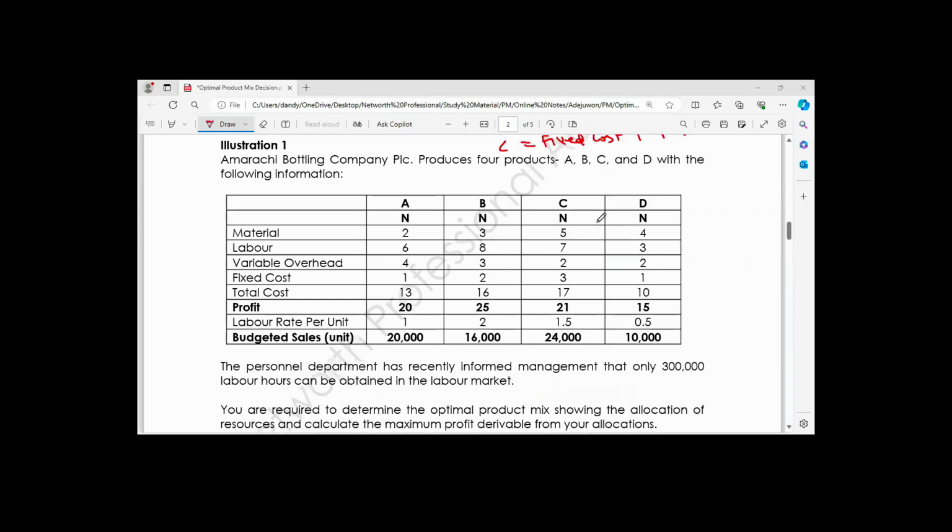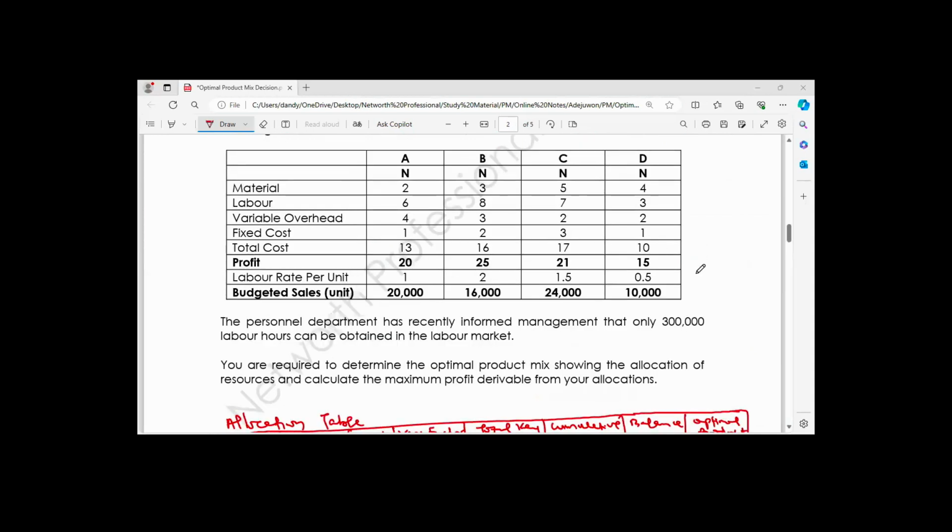So you can see in this requirement, examiner specifically said that you are to determine the optimal product mix, showing the allocation of resources, and calculate maximum profit derivable from your allocation.